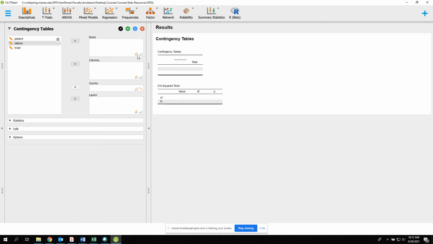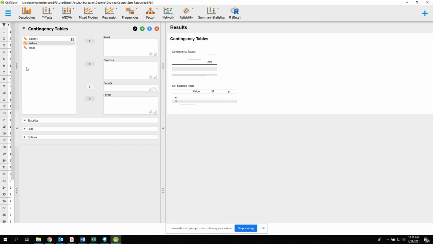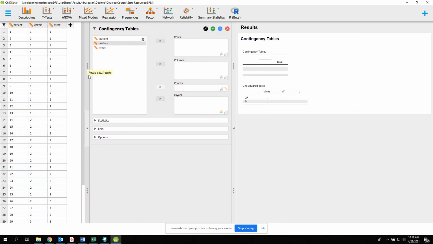Those little circles are nominal data and those little bar charts are sort of ranking data. This doesn't look like any of those pictures. Patient, visitors, or treatment, this looks like a ruler. And what does that translate into? It translates into ratio interval kind of data. So what does that mean? We've got to reclassify our data. So you just pull this over so that we can have access to the data here again.